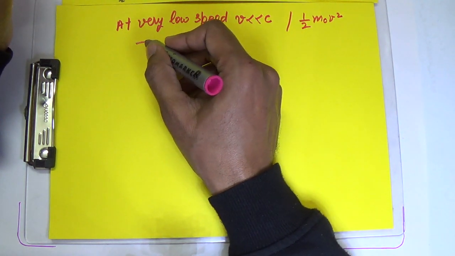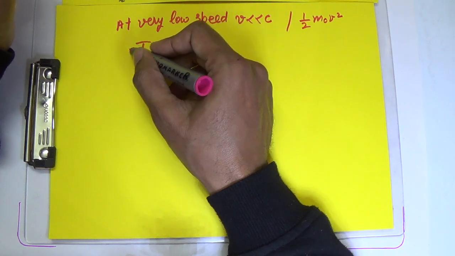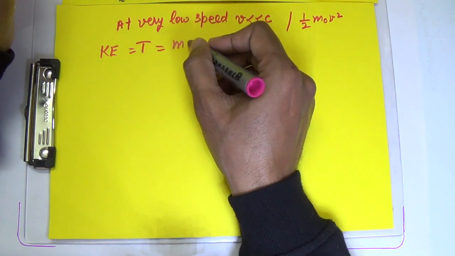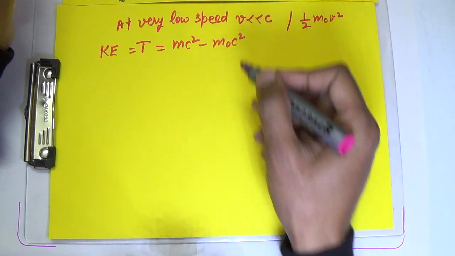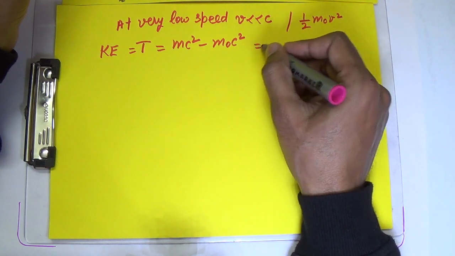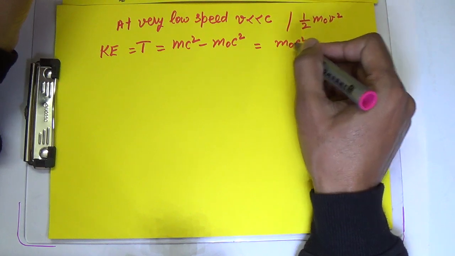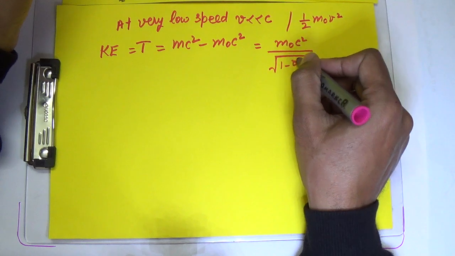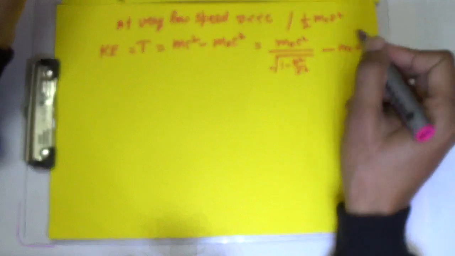Now we know that kinetic energy, represented by T, is equal to total energy mc square minus m naught c square, that is rest mass energy. Writing it properly, m is equal to m naught upon square root of 1 minus v square upon c square, and this is minus m naught c square.